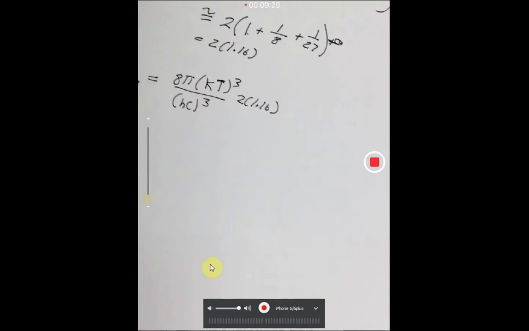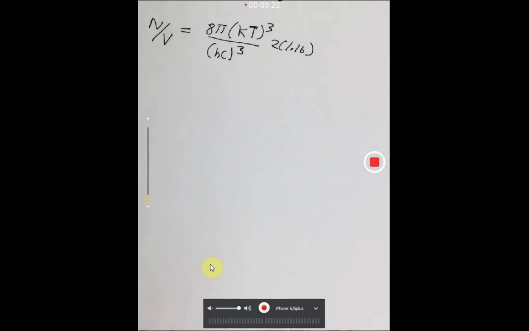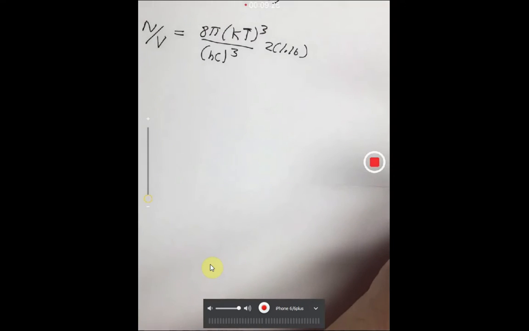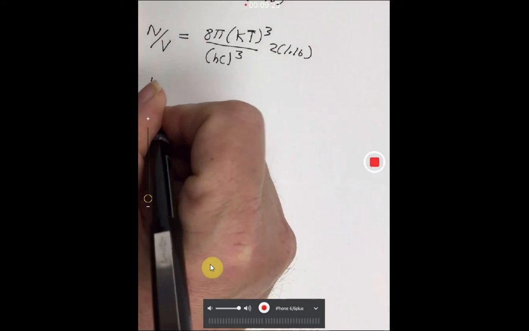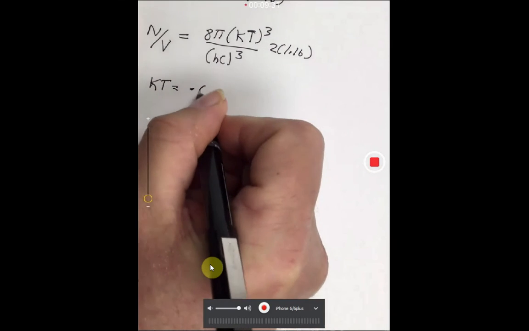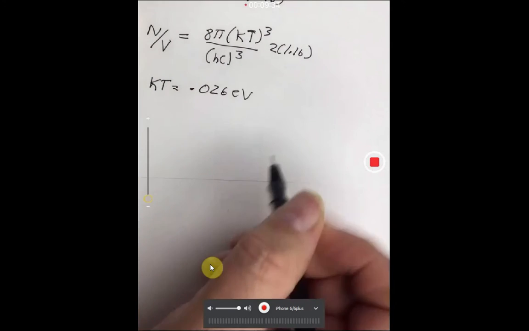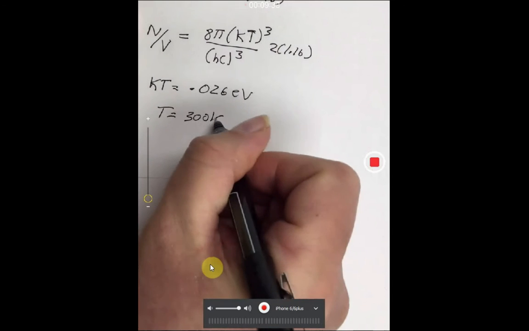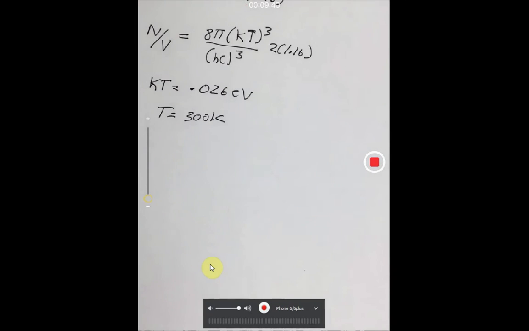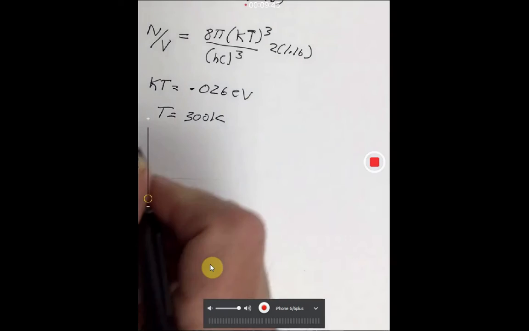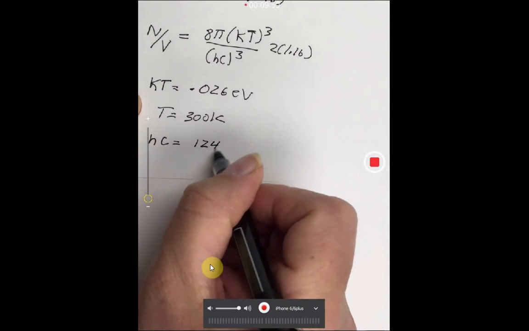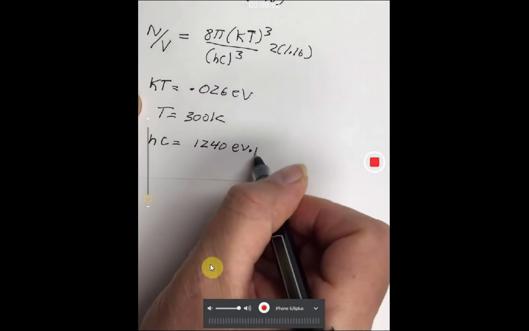Let's say that I use KT equals 0.026 electron volts. We get that when we have the temperature about 300 K, close to room temperature. We get KT is 0.026 eV. Let's also use the fact that HC is 1240 eV times nanometer.